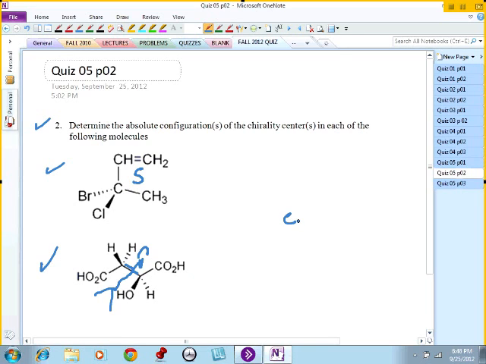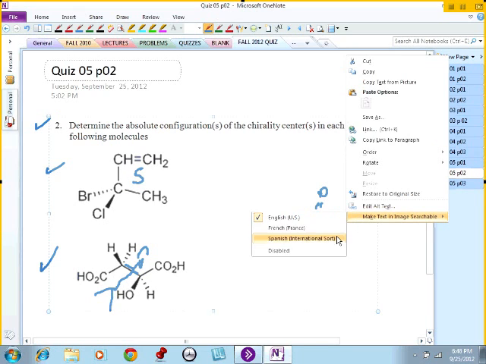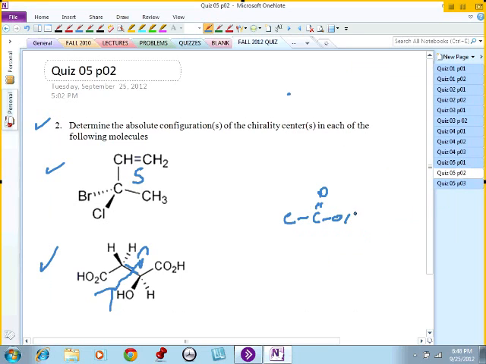Okay, what is on my right? What is on my right? Don't forget, this lady is laying right here. That's what I'm doing now, right? What is on my right? Exactly, the carboxyl group. So the carboxyl group is on my right.